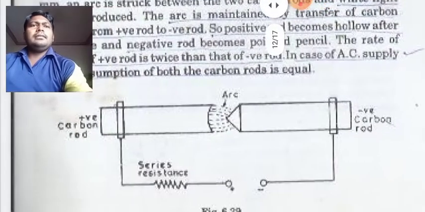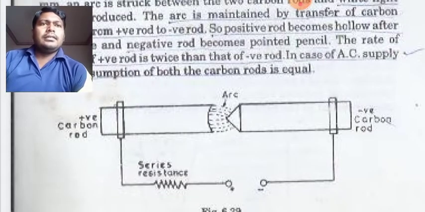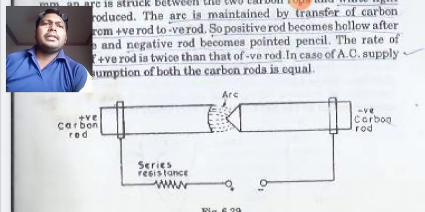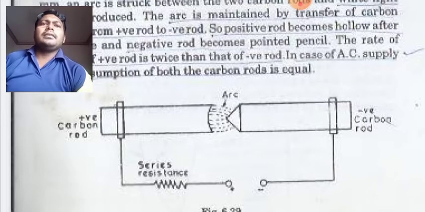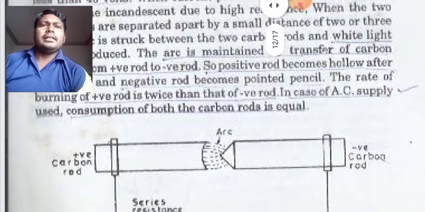So this is the diagram. You can clearly see the negative electrode or carbon rod, its tip is like a pencil, and the positive carbon rod has been made hollow inside because carbon particles have been shifted from positive to negative, right?